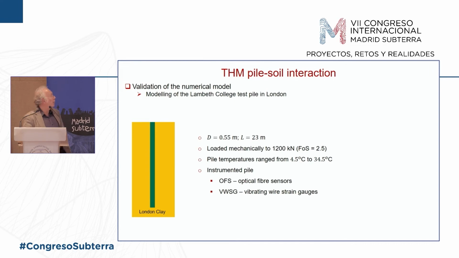But they instrumented the pile, they put optic fibres in to measure the strains in the pile, and they put vibrating wire strain gauges to measure the strains also in the pile. So these things are measuring the same thing, or ideally they're measuring the same thing.